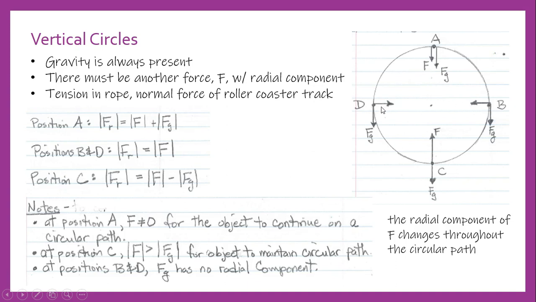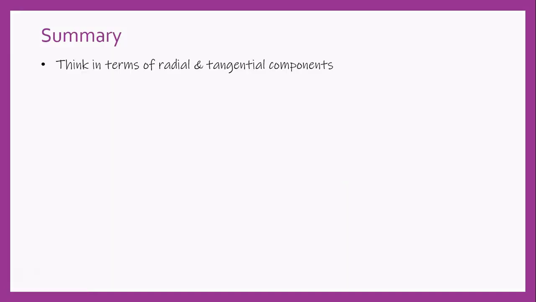At points B and D, the radial component of F is the centripetal force because, of course, it's the only force at those points acting in the radial dimension. So these are some unique aspects of vertical circles, and this wraps up the information we wanted to go over in this podcast. So let's just summarize.